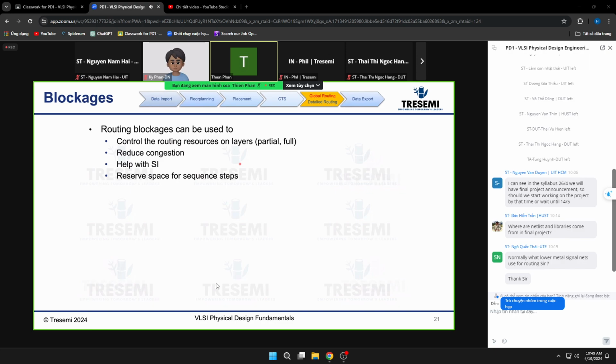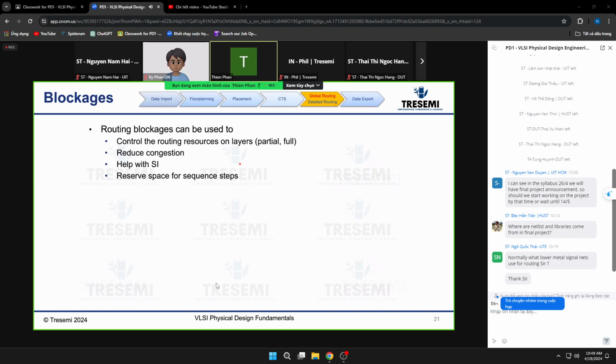So you reserve the space for a future cell, or early on, when you don't have everything. Some macro is there, but the abstract is missing, though certain layers are going to be used. So you can go in and put blockers there to preserve the space for later on.